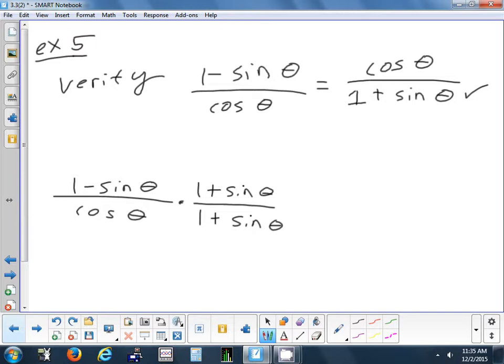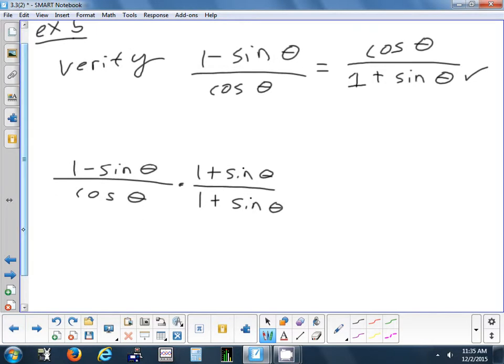We're allowed to do that with the top. We usually don't, but this time we're going to try it with what's in the top. Any question on how we got the conjugate? All right, let's multiply out what's in the top.